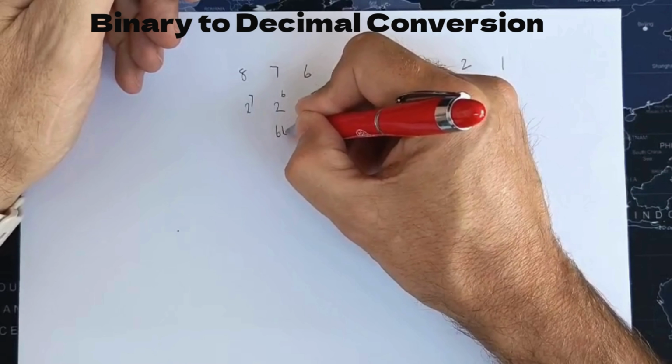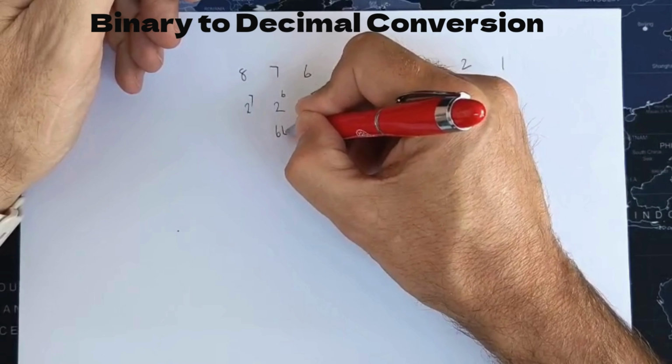Now, to do a decimal to binary conversion, in other words, going the other way, you do the opposite by going from left to right, and instead of adding, you subtract the next highest bit value.